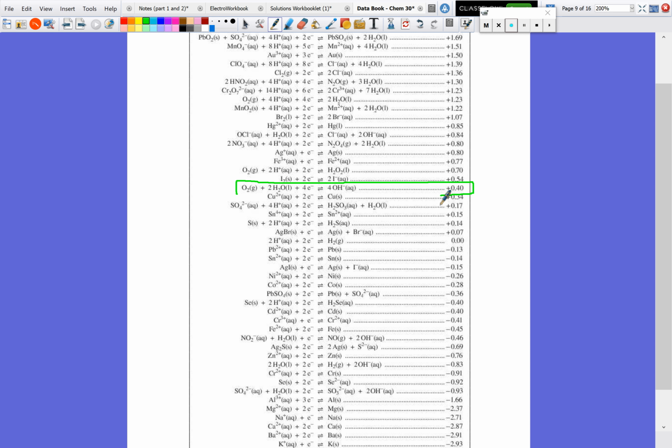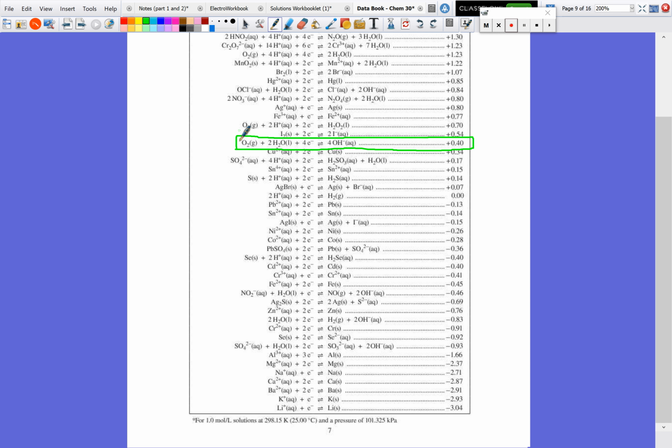Notice it does have a reduction potential of a positive 0.40 volts, which is still rather strong. So if this right here is our strongest oxidizing agent, that means any metals that are below this, for example lead, tin, nickel, cobalt, cadmium, iron, zinc, chromium, aluminum, magnesium, sodium, calcium, barium, potassium, and lithium, can all have a spontaneous reaction inside the environment, which can be bad.